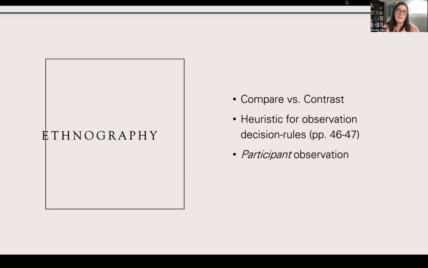If that makes sense. Now, there are some really helpful, what Heath and Street call decision rules. There's a heuristic for those on pages 46 and 47 of this reading. And these decision rules are going to be really helpful for you when you are writing your proposal. So again, see that other video that I have linked this week.